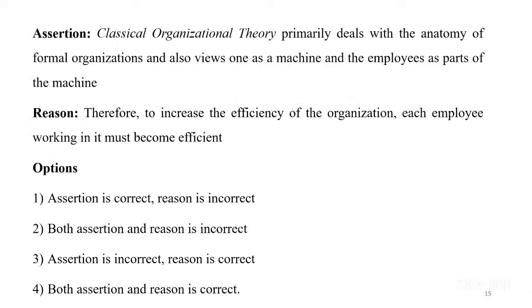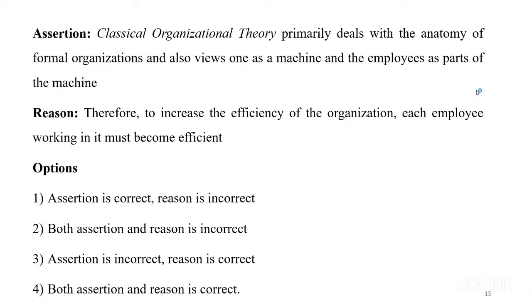Then we have an assertion and reason type of question. Here, the assertion says that classical organizational theory primarily deals with the autonomy of formal organizations, views an organization as a machine and the employees as parts of the machine.